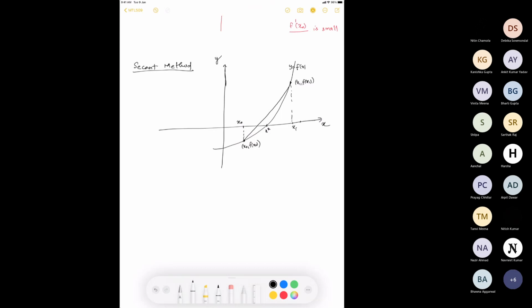The root of this line, this point, is going to be the approximation of x star.